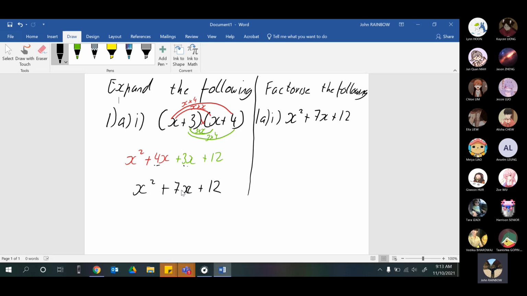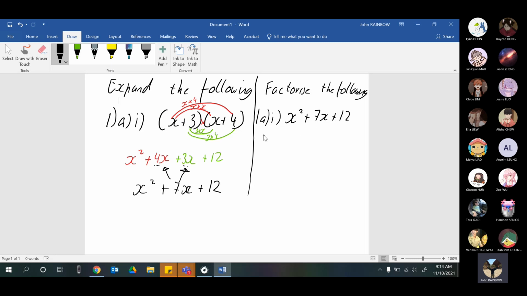When we went from here, we got two products, okay, of the x. The 7x came from two things. It came from these ones, which really, when you look at this, because this is a monic expression, this came from the 3 and the 4. The 4 and the 3, it was 4x and 3x. So it comes from the sum of two numbers.